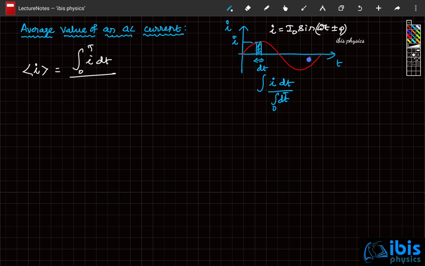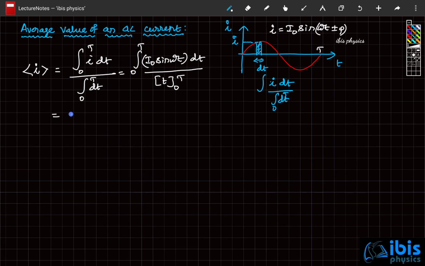The time for one full cycle is the time period T, integral dt from 0 to T. So the integral from 0 to T of I naught sine omega t. You can still keep omega t, because even if you take omega t plus or minus phi, you are going to get the same result, the whole divided by the integral of dt, which is T, from 0 to T.